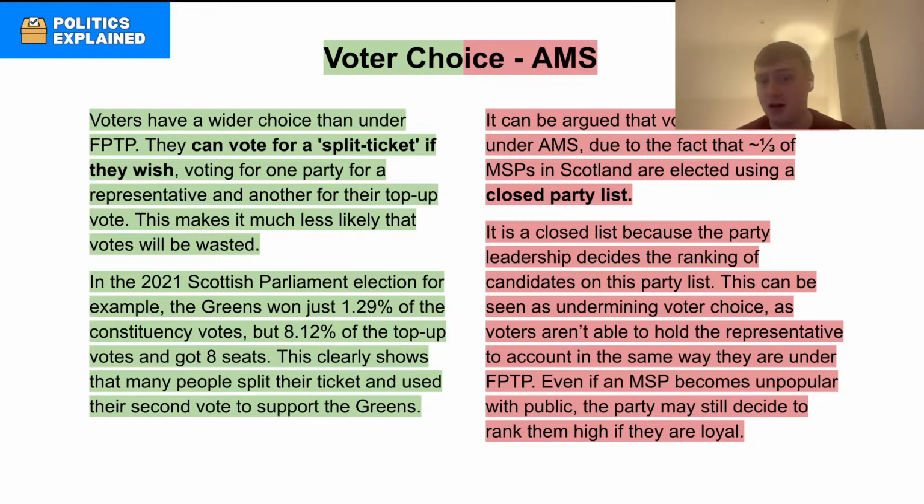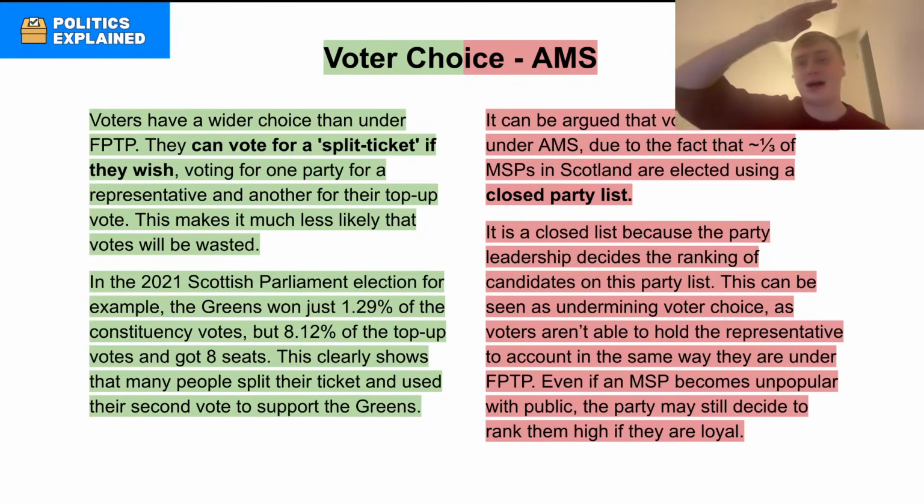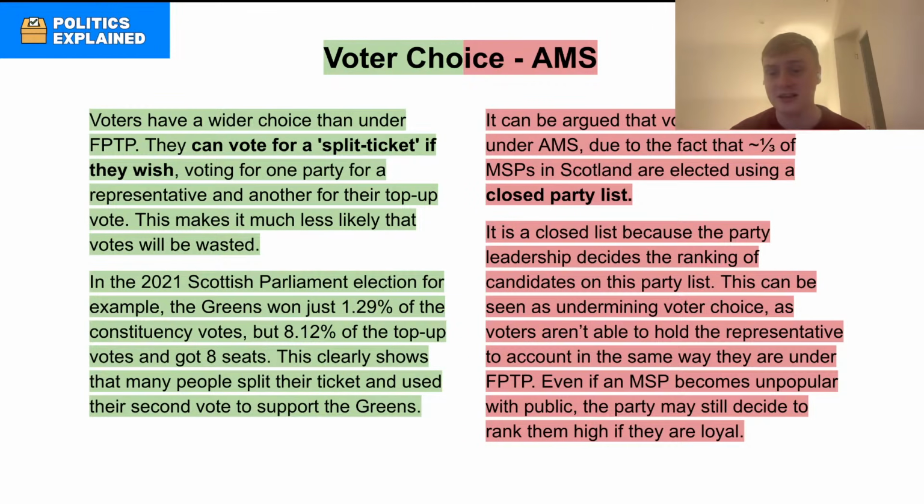Because for that third of MSPs, effectively, it's the party leadership that chooses who's higher up on that ranking level, who's most likely to get elected, even if a representative becomes really unpopular during one parliament. They can still be put at the top of the party list for the vote for the next parliament, and they can just be elected again rather than voters being able to hold them to account.